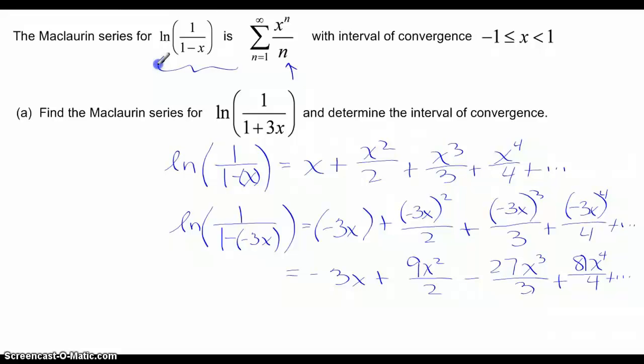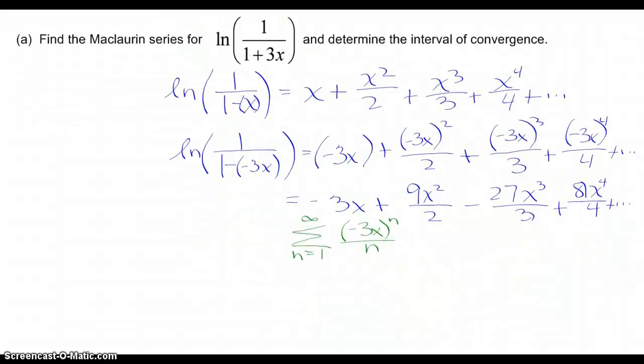Well, instead of going to the nth term and saying that our series looks like this, we can take a shortcut, because we know that the interval of convergence for this series is -1 less than or equal to x less than 1.